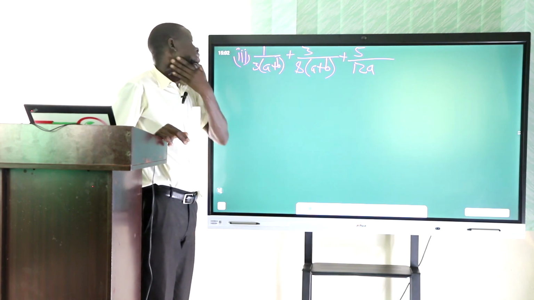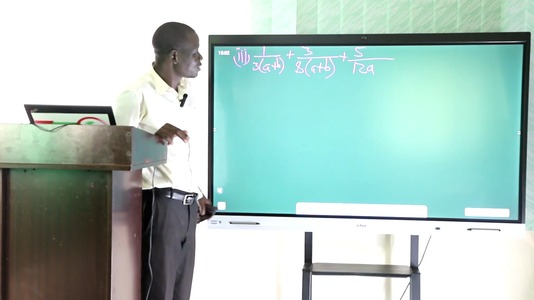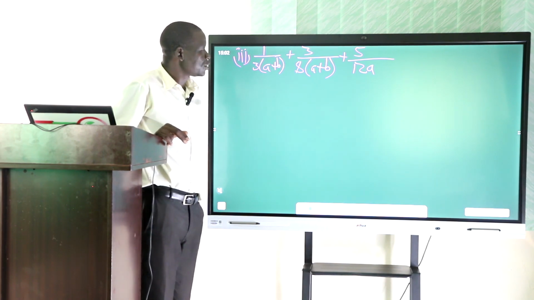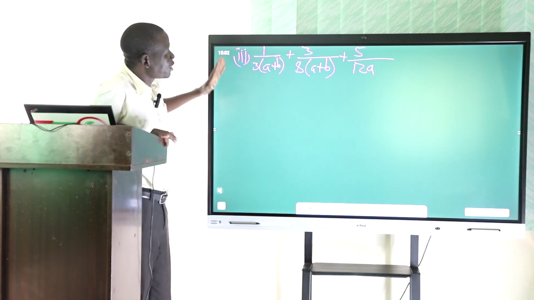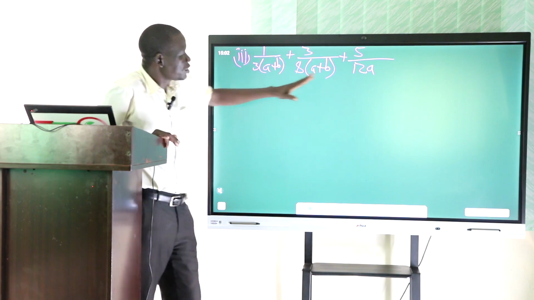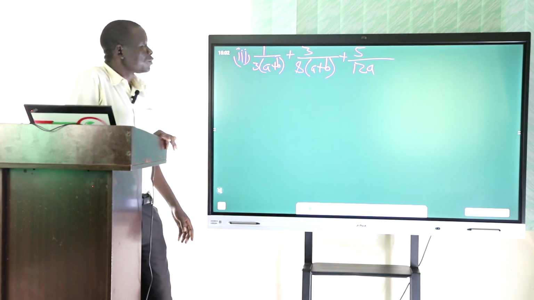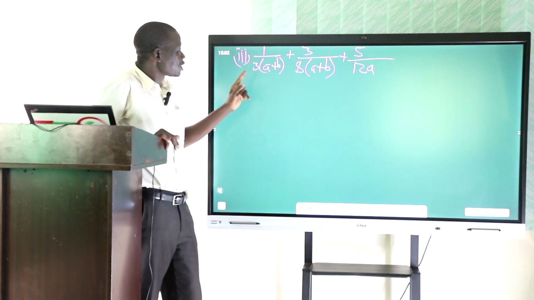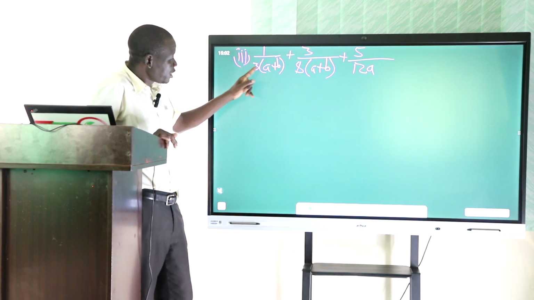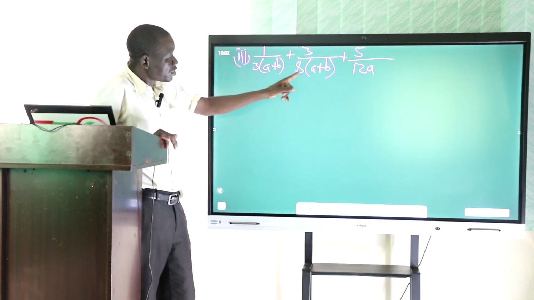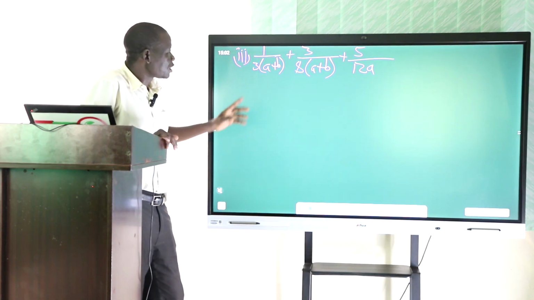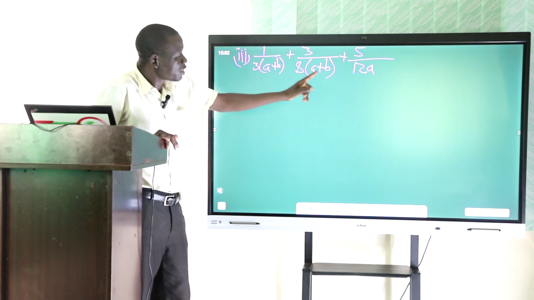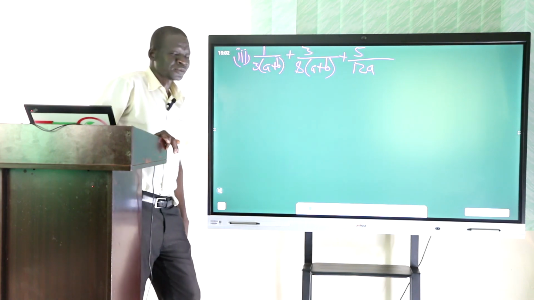So in this case, the method is just the same. We shall still get the LCM of all these terms. We shall find the LCM of 3, 8, and 12. Then we also find the LCM of (a plus b) and a.